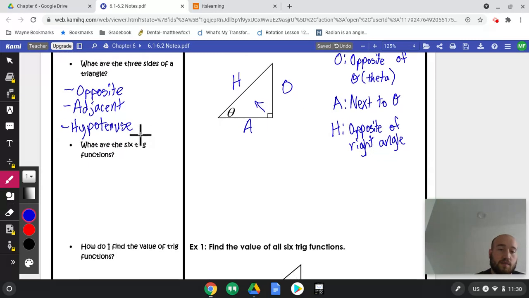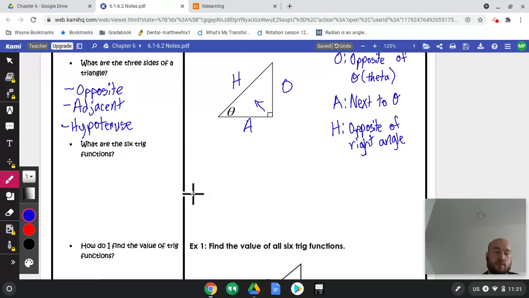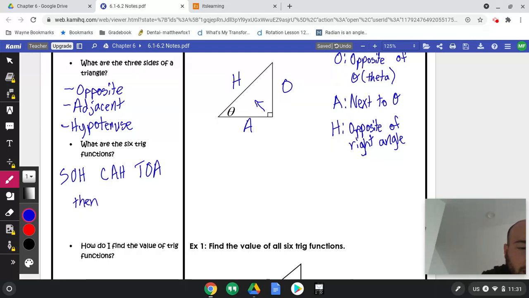Okay, so as we already said, we have the obvious SOHCAHTOA. I'm hoping you guys still remember that, or at least remember that memory trick. And then we're also going to need to flip these to get the others. And I'll explain what I mean by that in just a second.